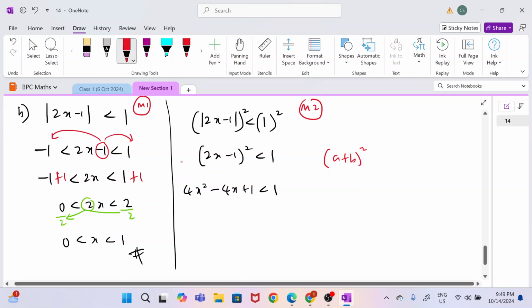A plus B square: A square, third term is always plus B square. The middle term, you follow the sign here. Plus means you put a plus, 2 times A times B, 2AB.